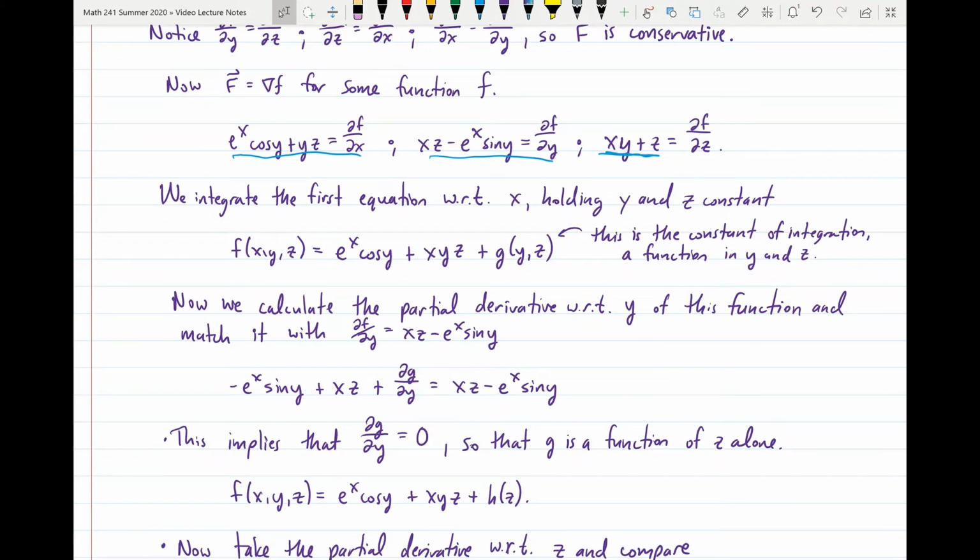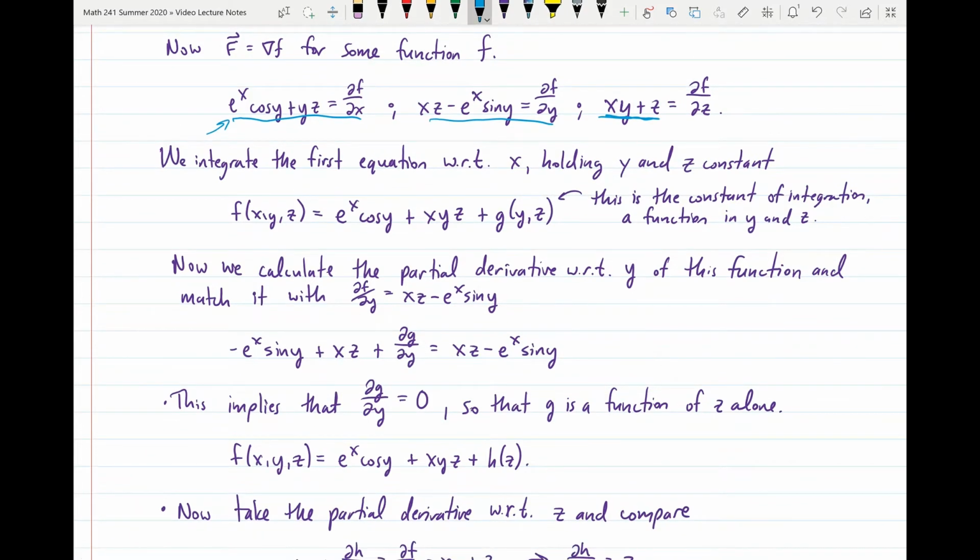So to find this scalar function little f, we can start by integrating our first equation. So when I say first equation, I mean this equation here with respect to x, in the hopes of finding an expression for our scalar function f of x, y, z. So when we integrate with respect to x, we hold y and z constant in our equation here.